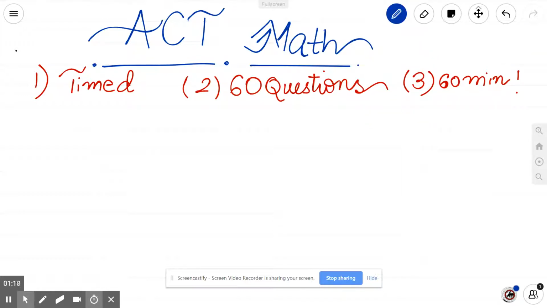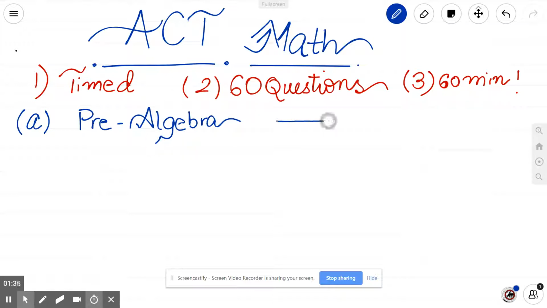All right, and then what are those questions? Which concepts will be on those questions is going to be listed right here. Your first concept on your ACT will be called pre-algebra, and this portion will have 14 questions.